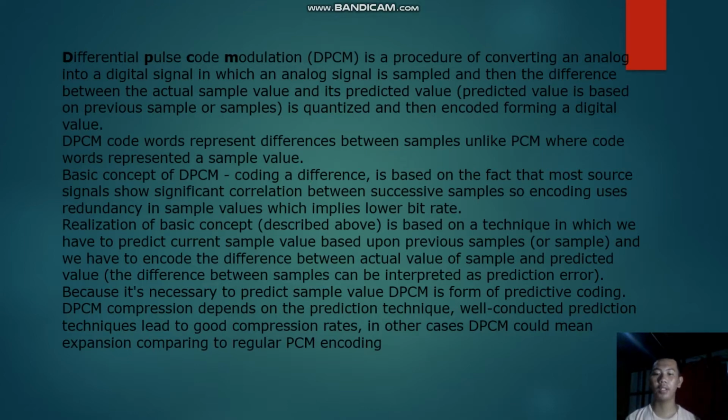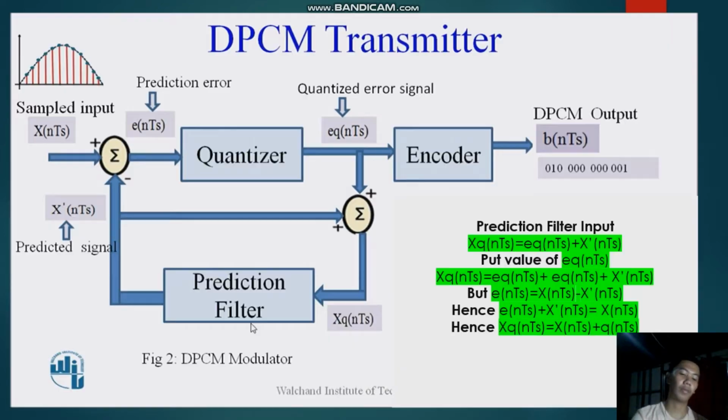DPCM compression depends on the prediction technique. While well-conducted prediction techniques lead to good compression rates, in other cases, the DPCM could mean expansion compared to regular PCM encoding. So next, we have here the DPCM transmitter. We have to describe how a DPCM transmitter works. So we have seen here an adder, quantizer, encoder, another adder, and our prediction filter.